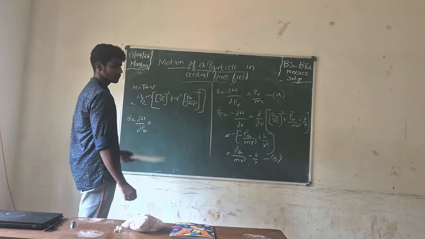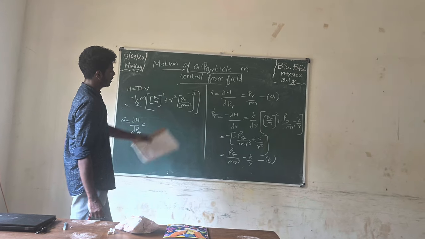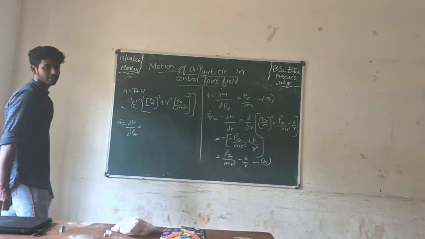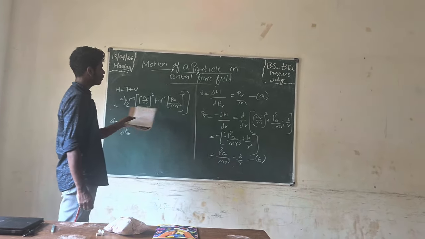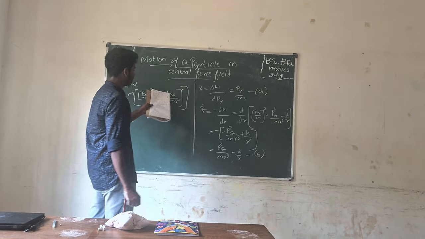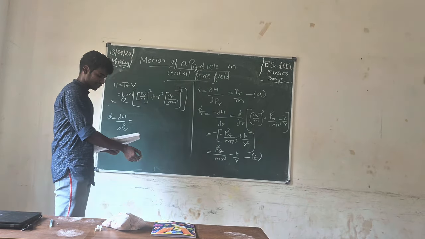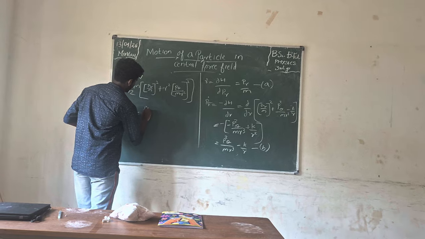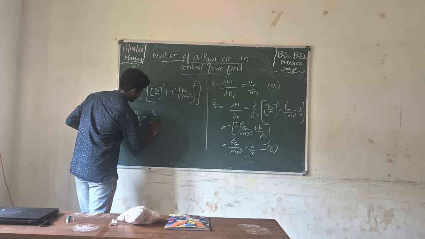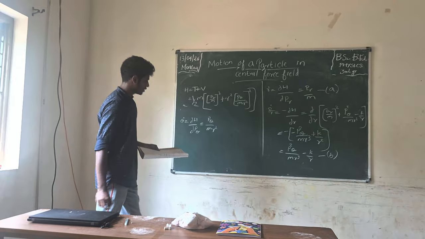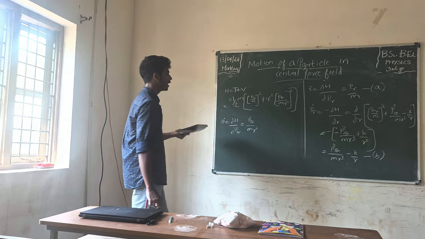With R square, if we take it, 2 and 2 will be cancelled out and it will become simply P theta by M R square. So that is the value of theta dot.